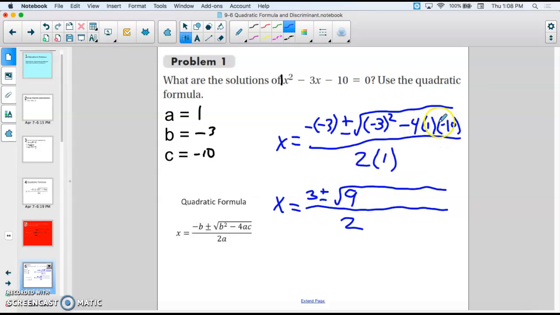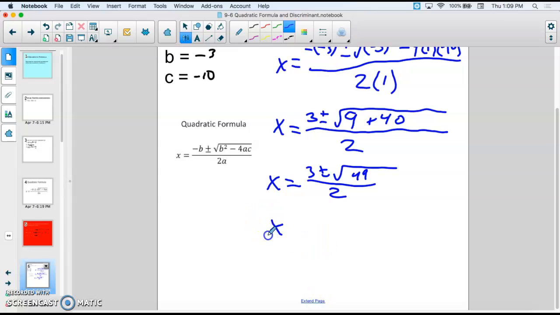Then, calculate this out. -4 times 1 is -4. Times -10 would be +40. And already this becomes a lot simpler. So 3 plus or minus the square root of 9 plus 40 is 49, all over 2.